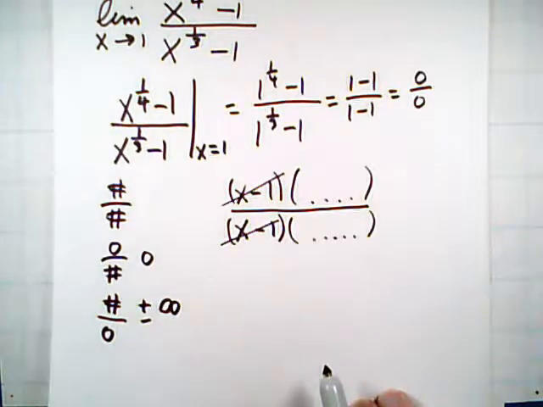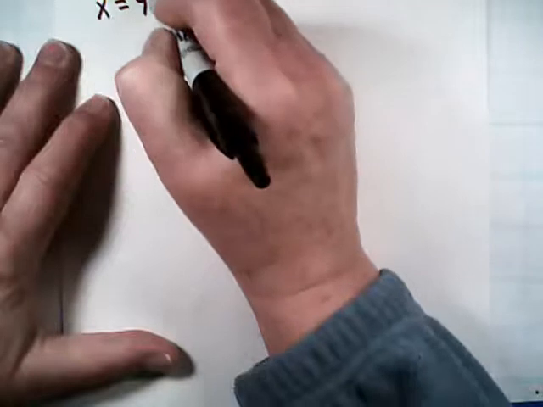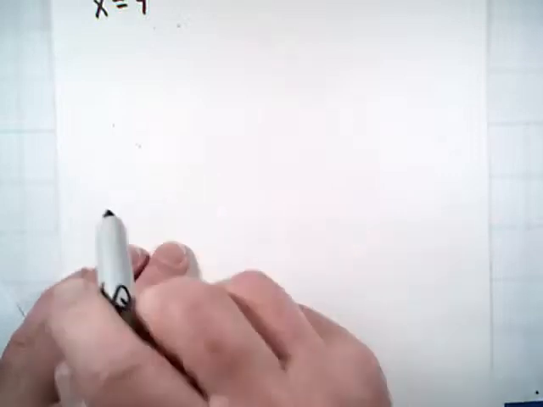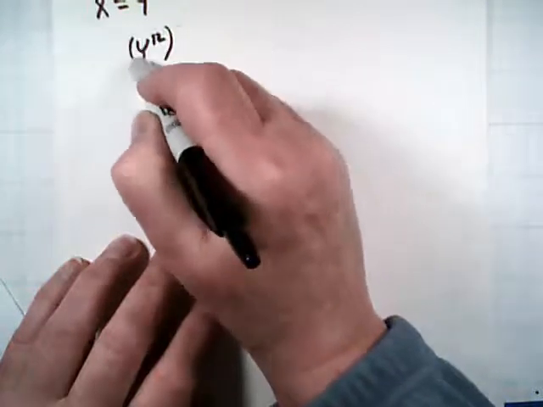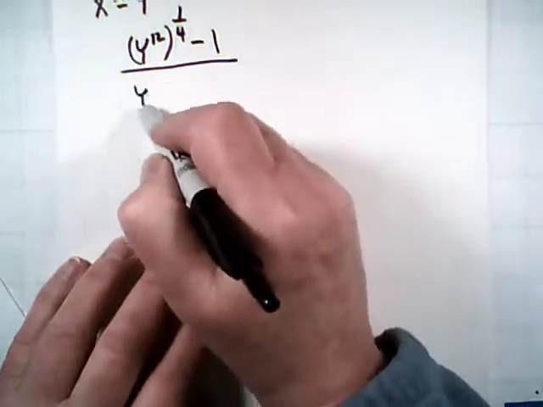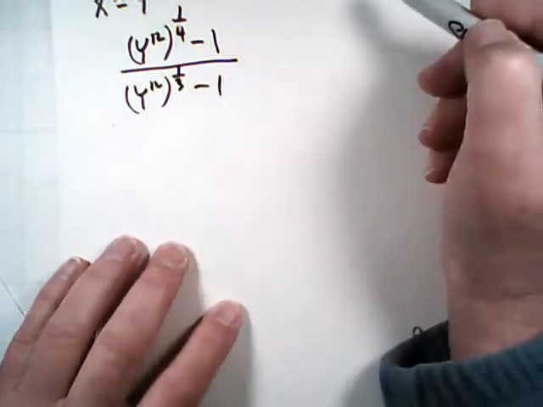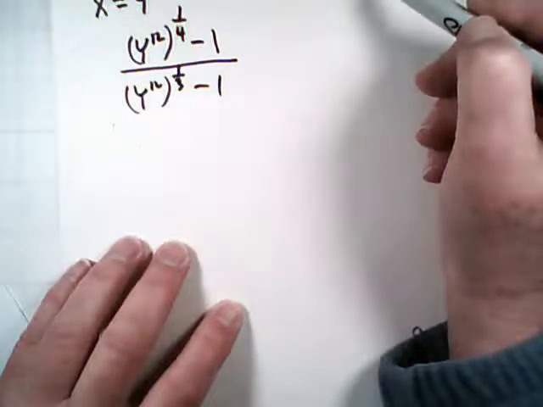The way I like to start this problem is to do a variable substitution. And I'm going to substitute for x y to the 12th power. And the reason I'm going to do that is because it makes the expression easier to deal with. So substituting, we have y to the 12th raised to the 1/4 power minus 1 divided by y to the 12th raised to the 1/3 power minus 1. What do you do when you have a variable raised to an exponent and then that raised to another exponent?